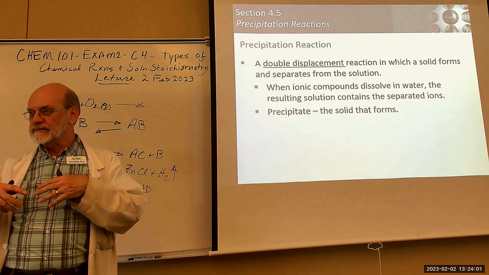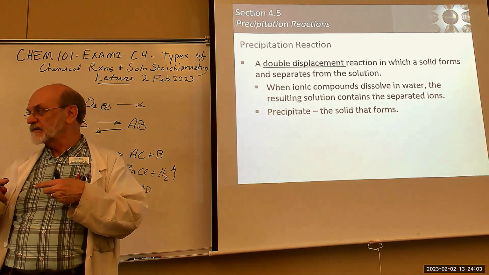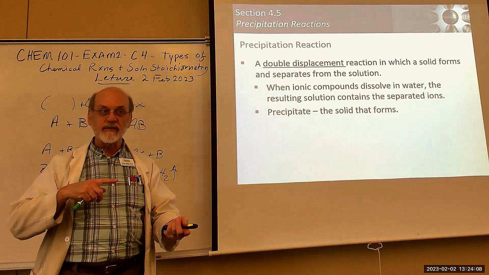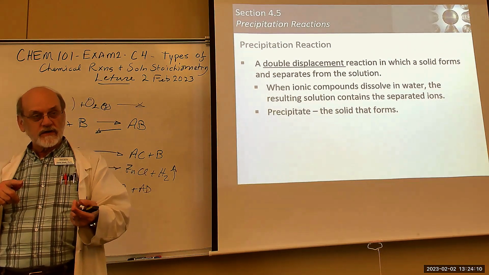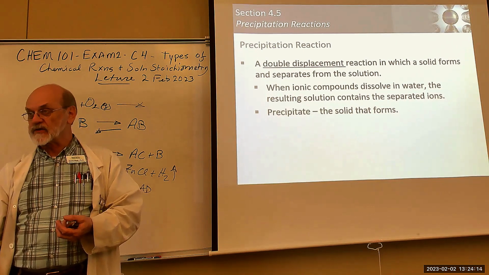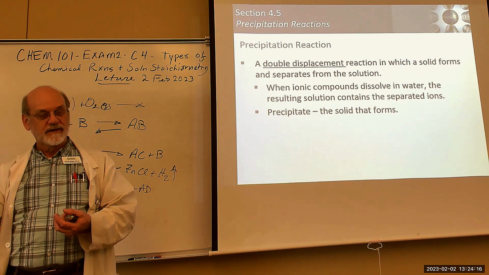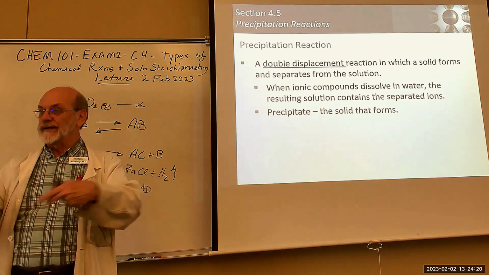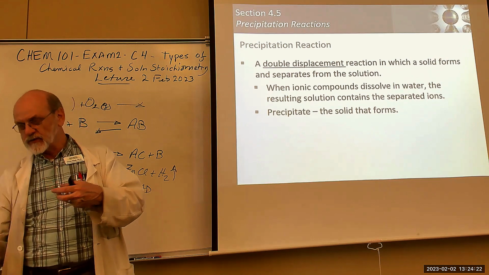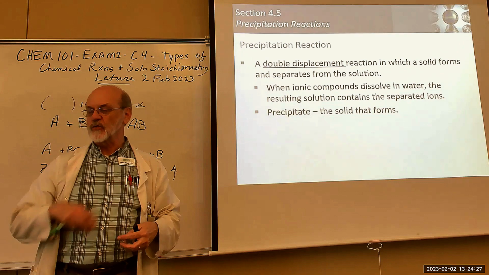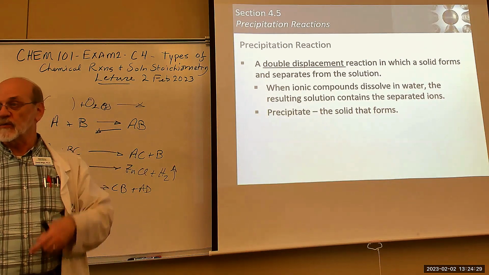You add them together and they form a precipitate out of the combination of one of the cations and the anion from the other one. What are they doing? They're effectively removed from the reaction environment. And the reaction is going to keep trying to fill that void. As you remove those, it's going to keep reacting and remove more and more. That drives the reaction toward the precipitation, toward the product side.